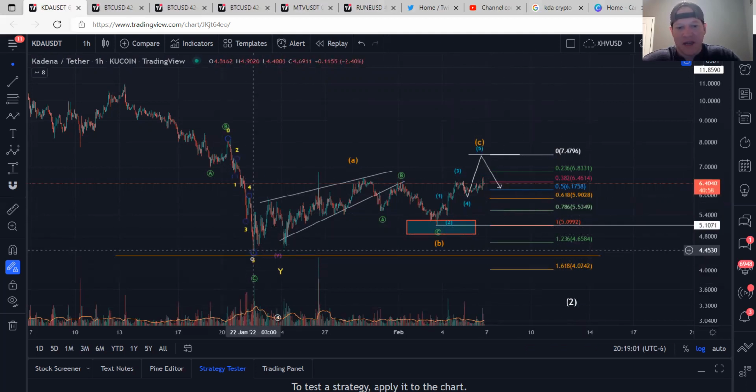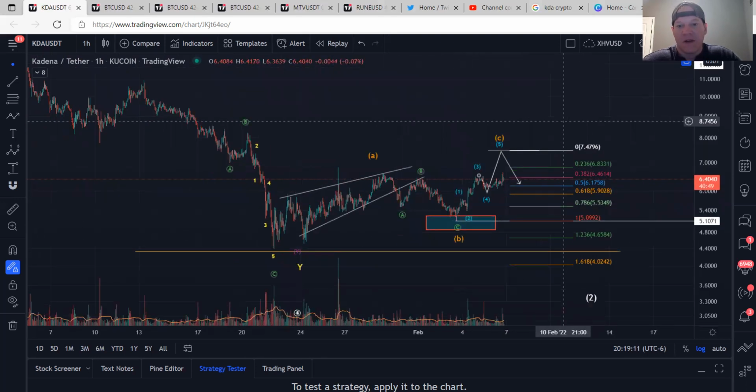Again, it does not mean we have to break this low here. We do not have to break this low. This could consolidate down here in a corrective manner and then become impulsive, even if we do break the origin of this one wave here.